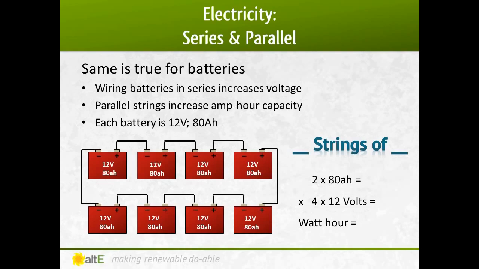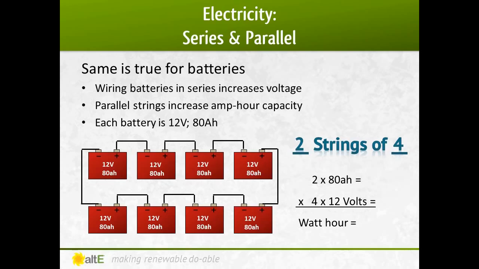You'll often see multiple rows of panels or batteries wired in series. Each row is a string. You can then wire the multiple strings in parallel. This allows you to get both higher voltage with series strings and higher amps or amp hours with the parallel wiring. In this example of two parallel rows of 4 batteries wired in series, it's called 2 strings of 4.